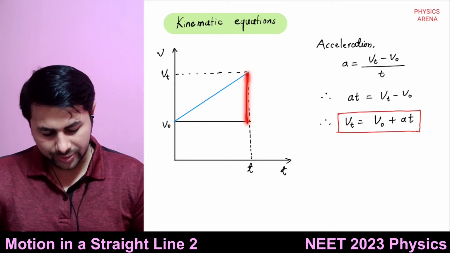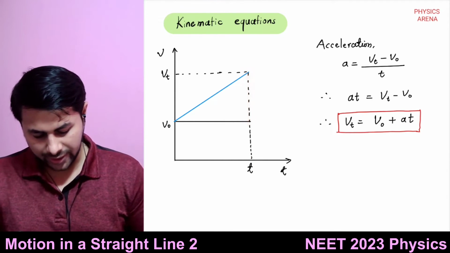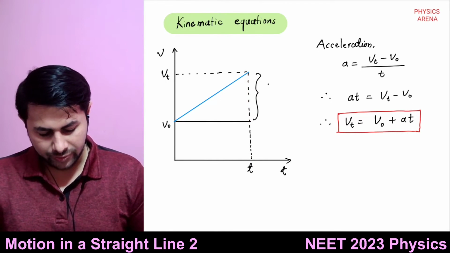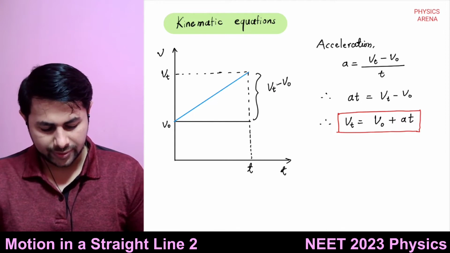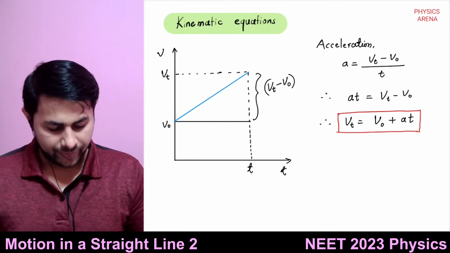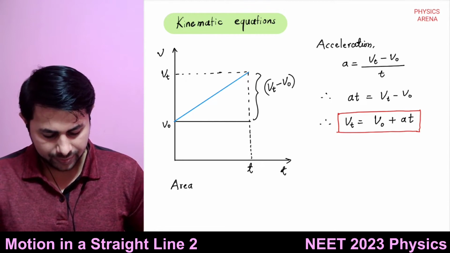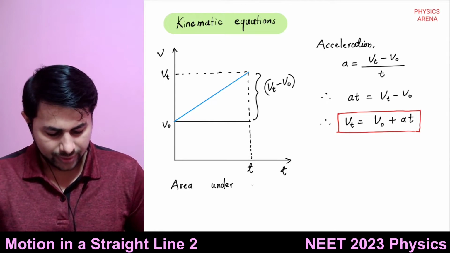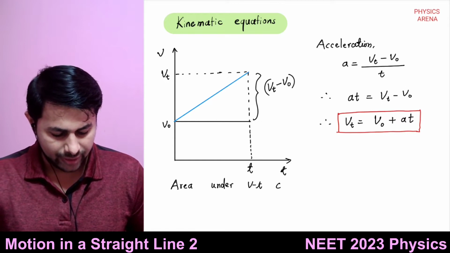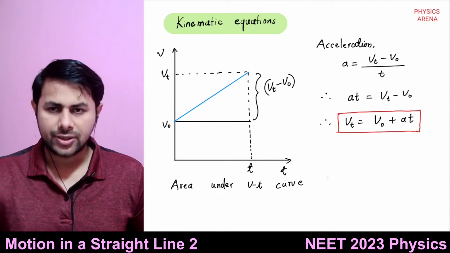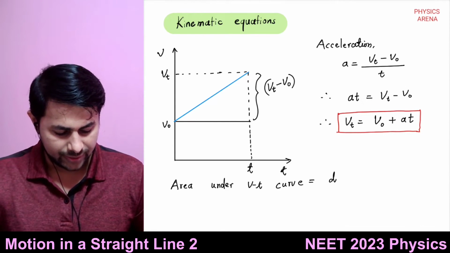So we want to find this much length, which is vt minus v naught. So we can say the area under the velocity versus time curve gives us displacement.